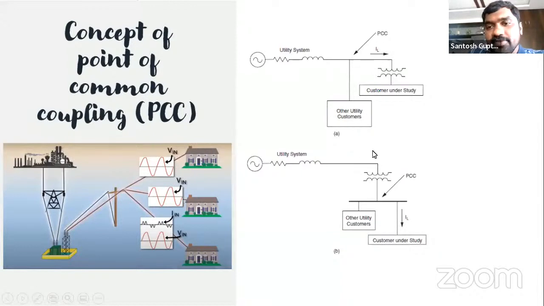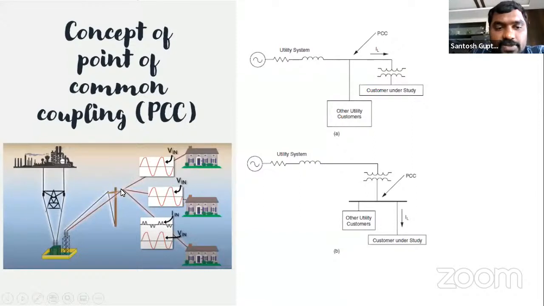Let me explain this first. This is your house load, and your house load has some nonlinear devices which create harmonics, and you are injecting that into the system. When you are injecting these harmonic currents into the system, the source voltage will get distorted.